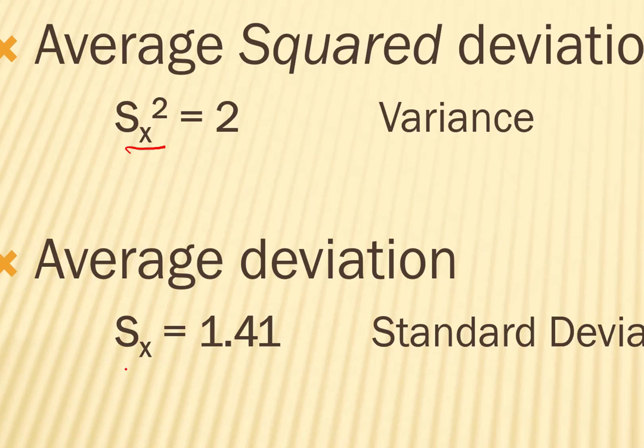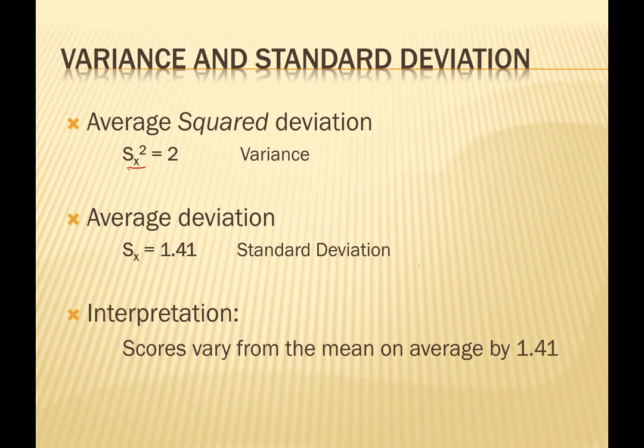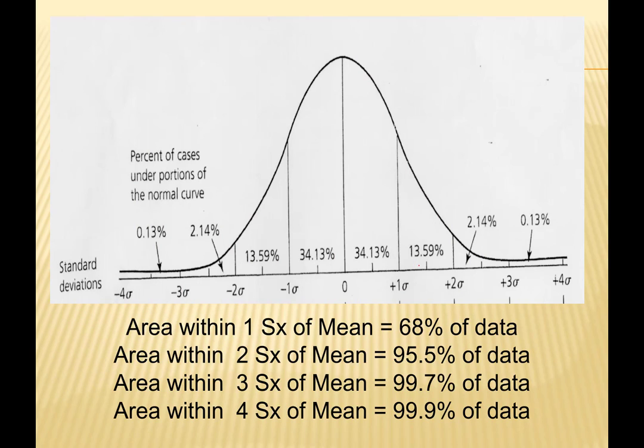So the average deviation uses the notation S sub x, 1.41 as the standard deviation. Again, the interpretation is very important. A typical wording of a standard deviation would be to say the scores vary from the mean on average by 1.41. So how significant is that?